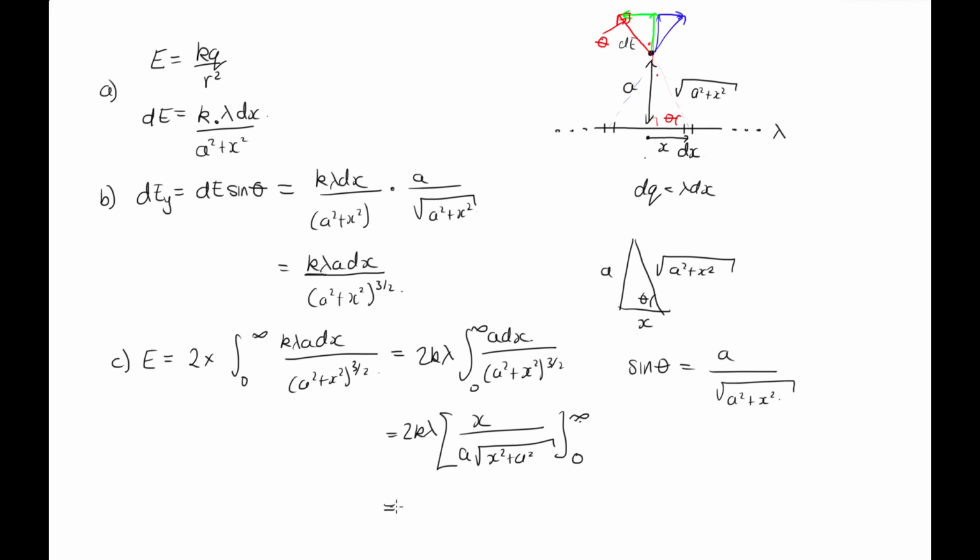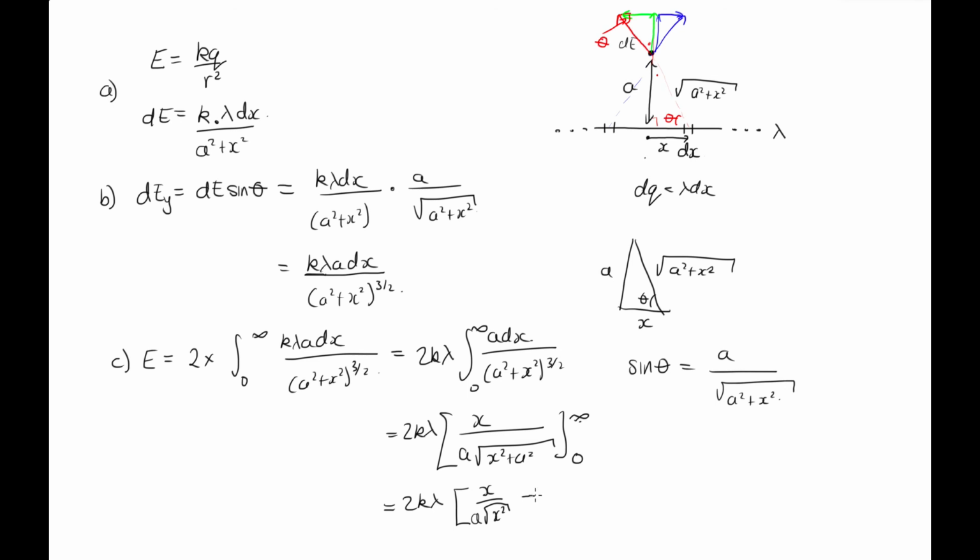So this is equal to 2k lambda. Now if we're substituting in infinity, we'll need to take the limit. So on the top we've got x, on the bottom x squared plus a squared. The a squared is negligible compared to the x squared as x goes to infinity. So this is a times the square root of x squared.